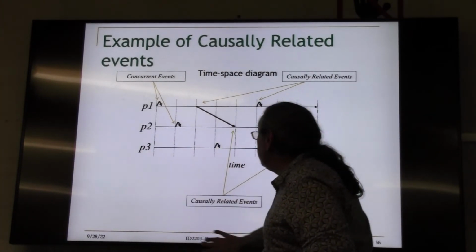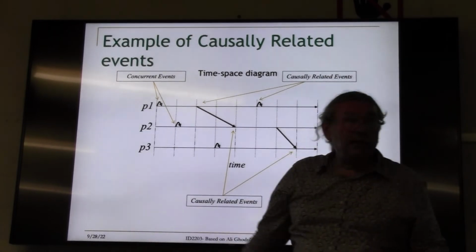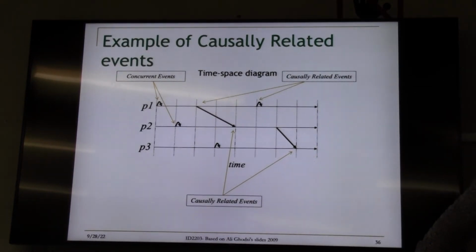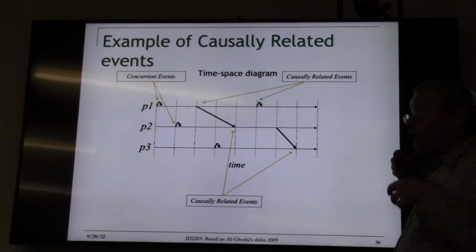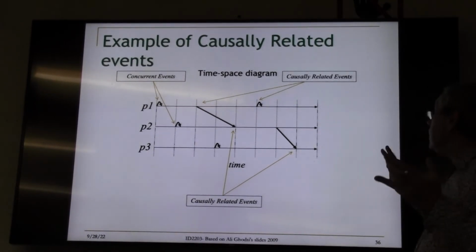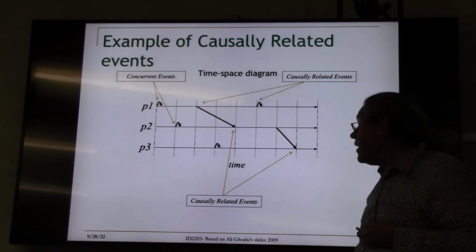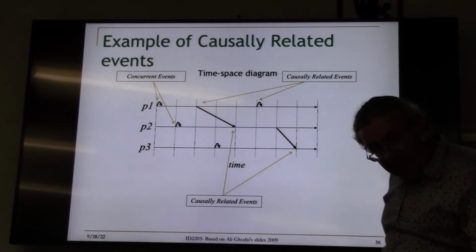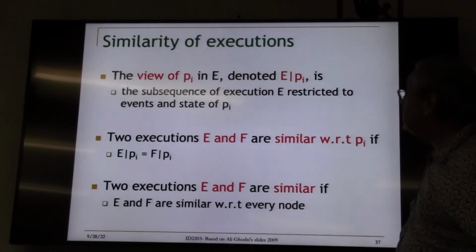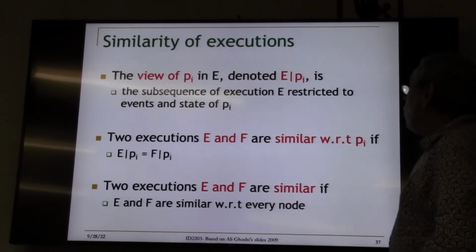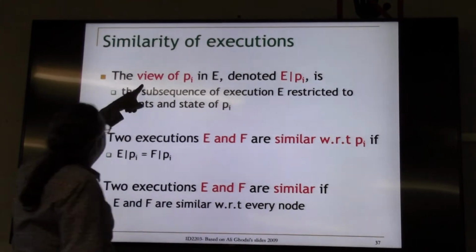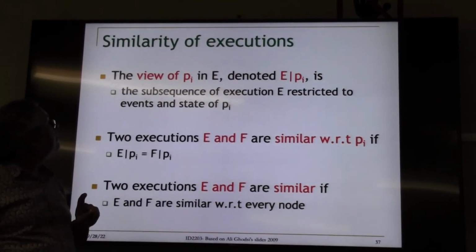This whole view of the system is not something that is usually available to the algorithm. It's something that you can reason about, you can think about all that, but you can't actually see it inside the algorithm. What you can see is just a single process. What you can see is called the view of PI.